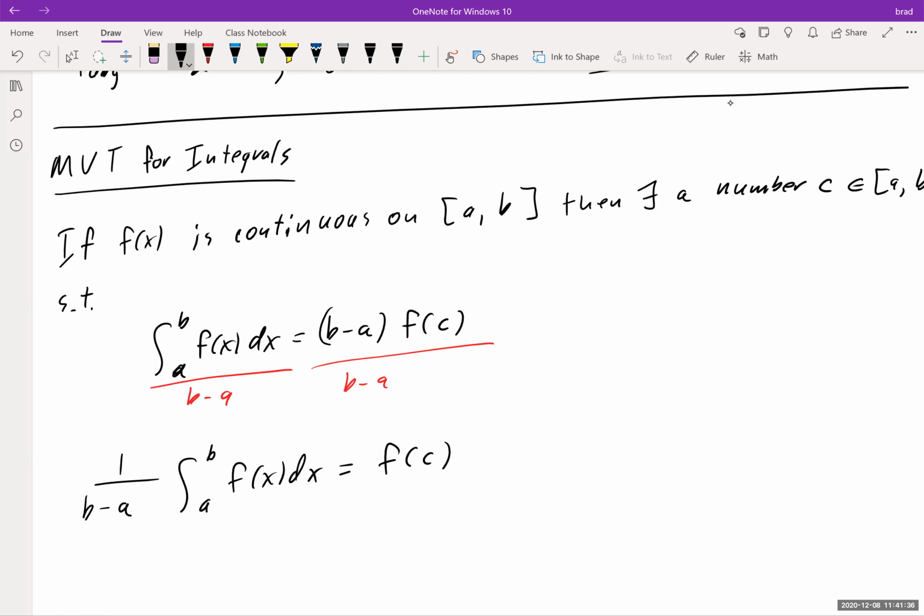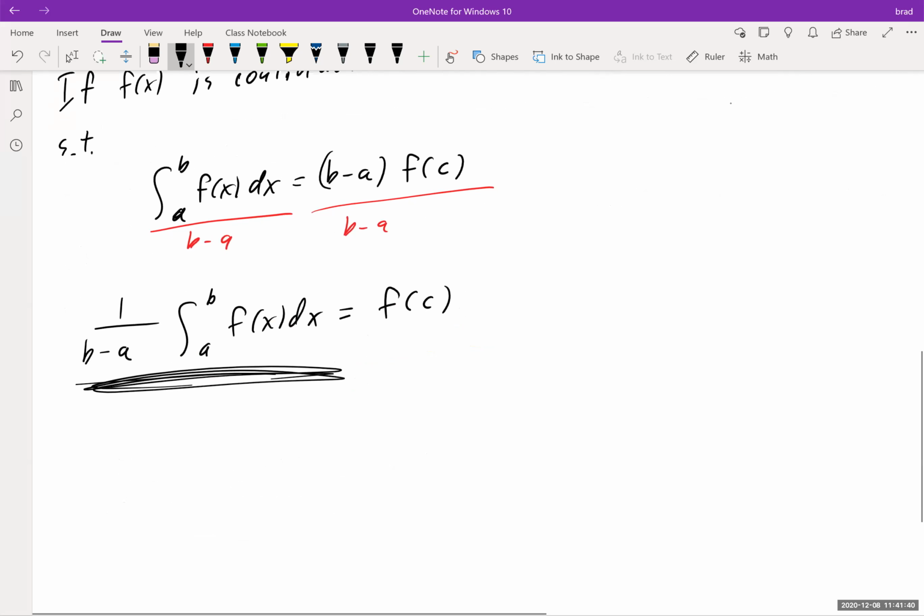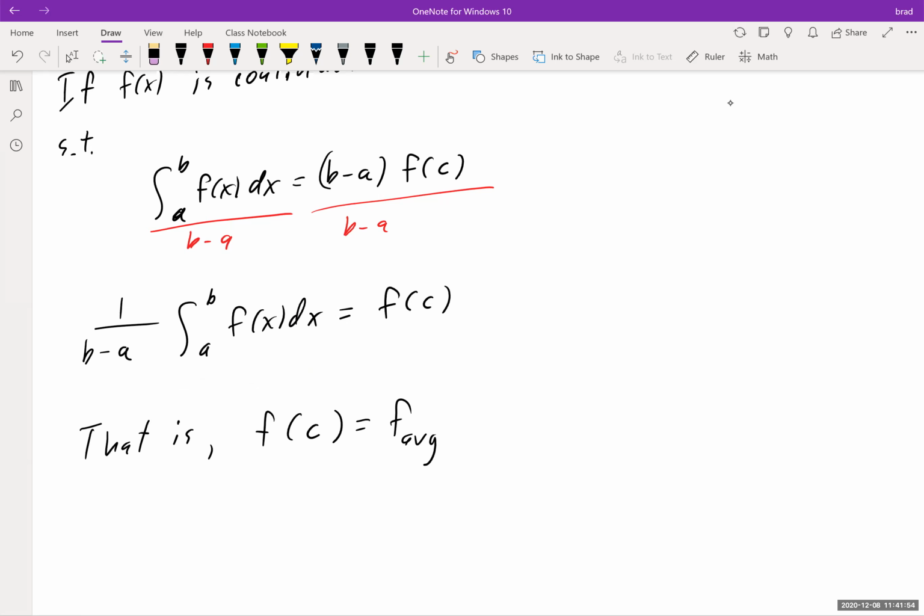So this side right here is just f average. That is to say, f of c equals f average. So that's kind of the idea of the mean value theorem.